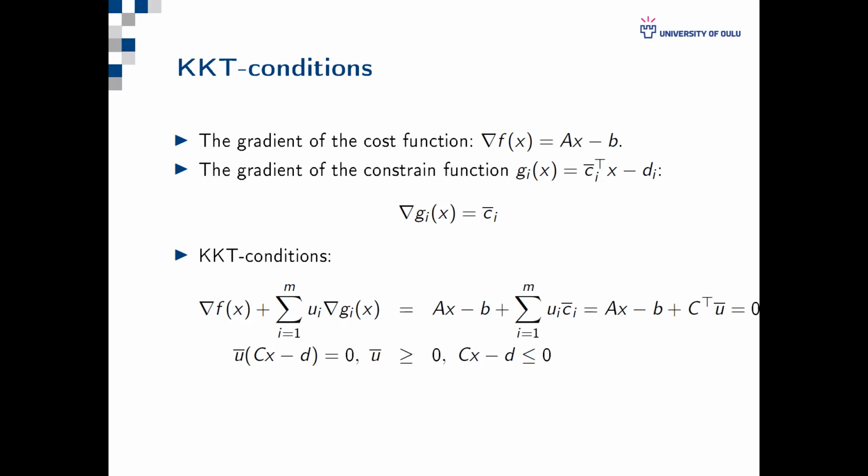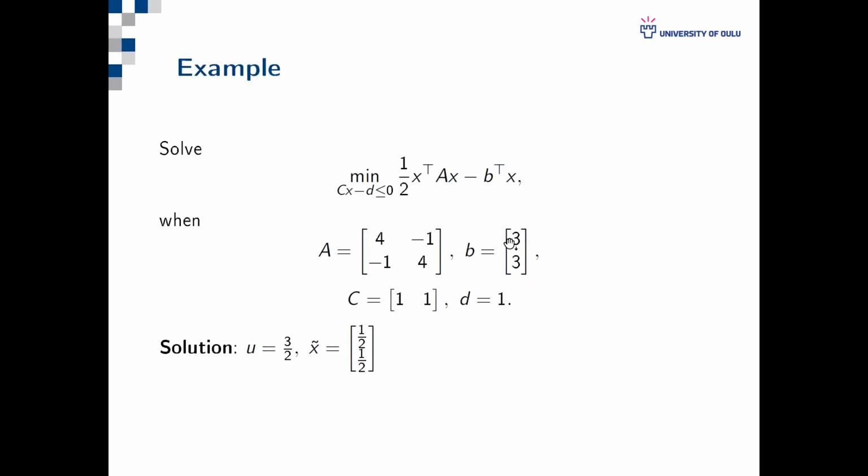You take the scalar product of u with Cx minus d, and it must be 0. The Lagrangian multipliers are non-negative, and Cx minus d is the vector with all coordinates non-positive. And then we can solve this one.